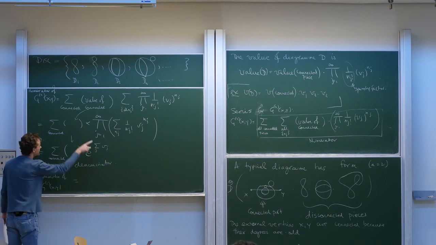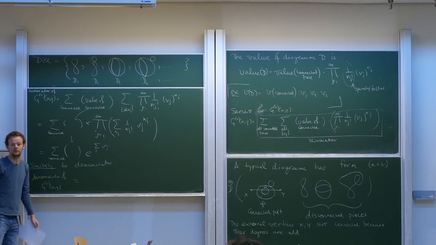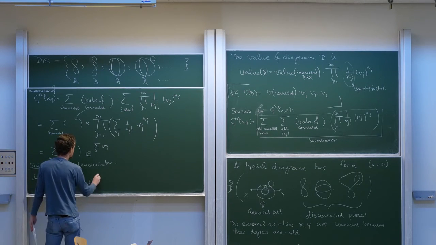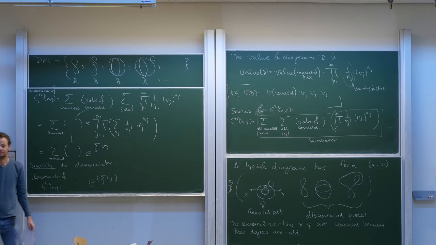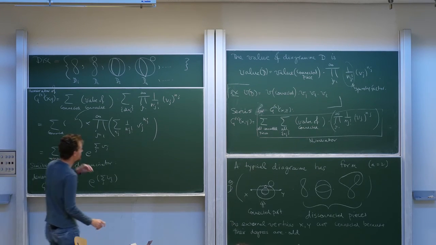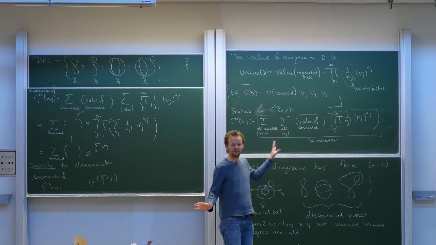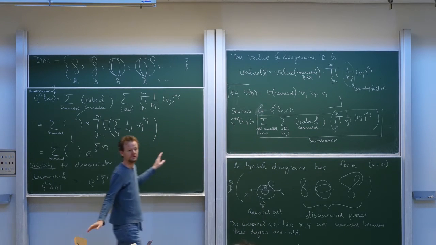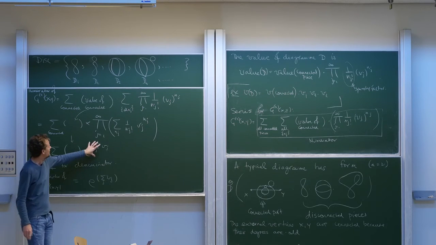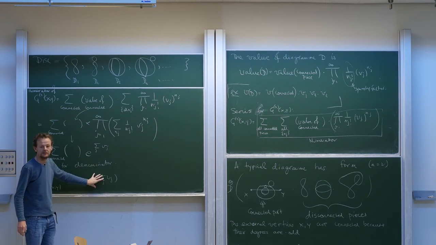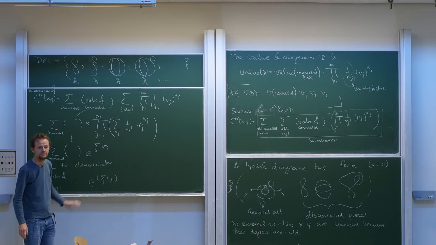If you do exactly the same argument, you'll see that in the denominator there are only disconnected pieces. And you will find precisely that answer, assuming that they're finite. Hence, we have this magical cancellation. This makes our life so much better. This exponential factor here cancels exactly against this exponential factor here.